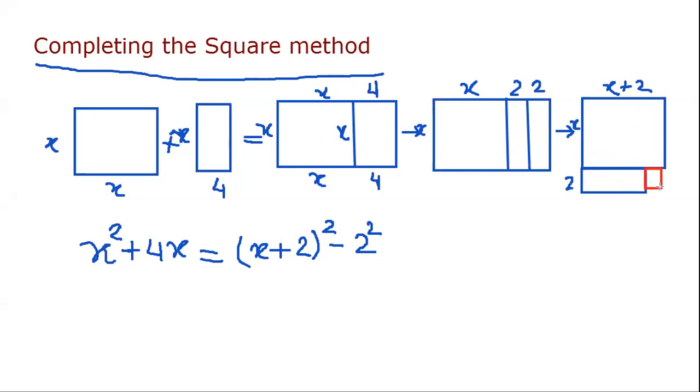If we exclude this part, then it becomes a complete square of x plus 2. When we exclude this 2 square from the figure, then it becomes a complete square of x plus 2 whole square. Okay, I think you understand these points.